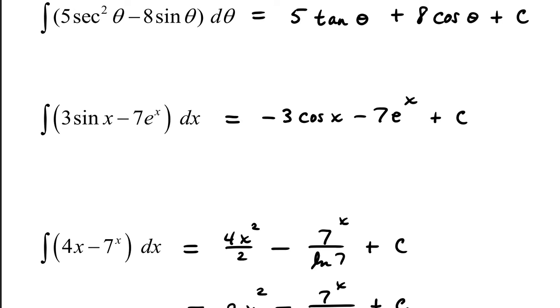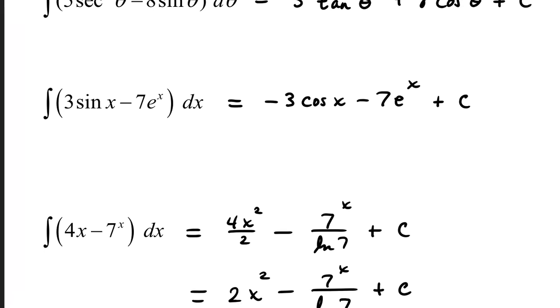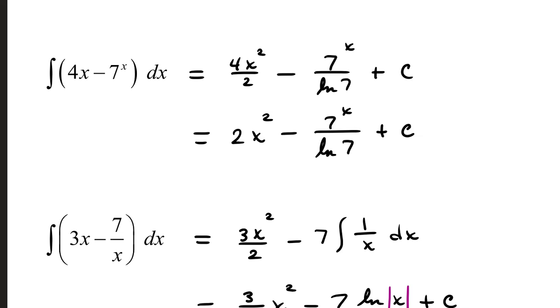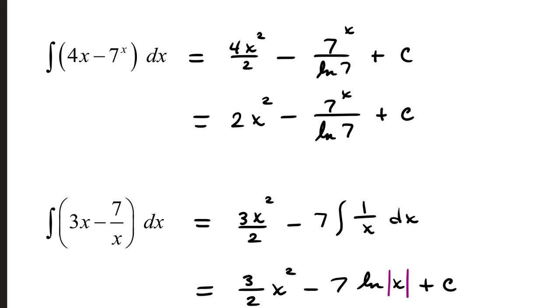On the last example, well, let me double check, make sure it's the last one. No, it's not. So this top example, now that is an exponential term that does not have a base number of e.